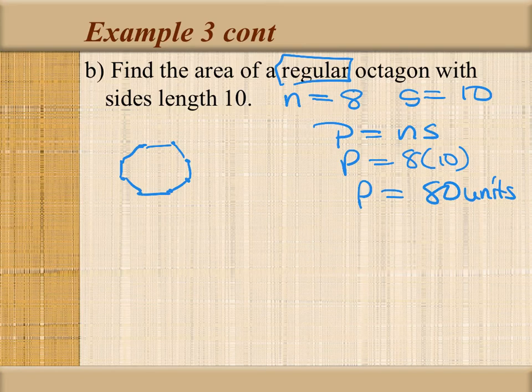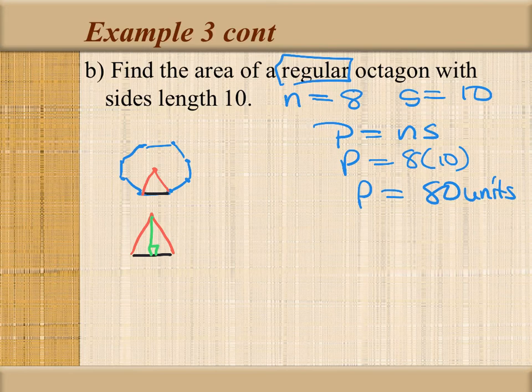So I'll go ahead and put my center point in here. I'm going to make my central angle by drawing in 2 radii. And now I'll pull that triangle out. So if I pull it out, drop down my apothem, I need to calculate the measure of that central angle.